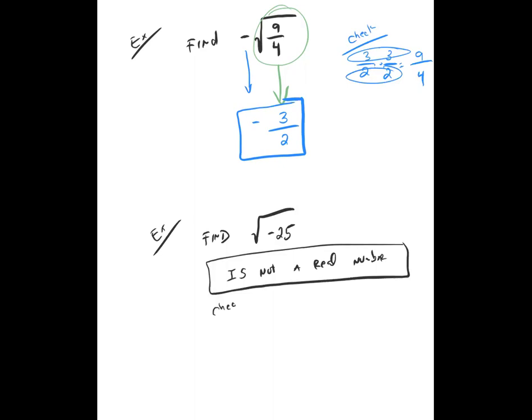Once again, it makes sense because 5 times 5 gives you 25, and it is not negative 25. And if you do negative 5 times negative 5, it still gives you 25. So having a negative inside the square root symbol is not a possibility. Any questions so far?